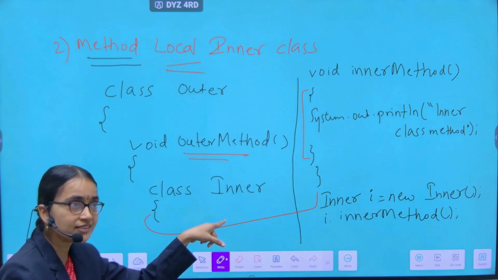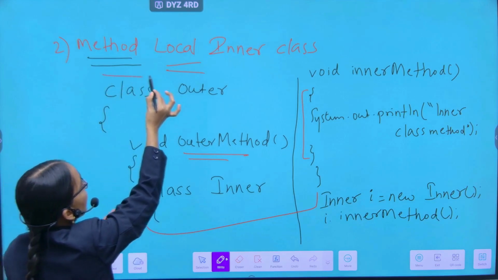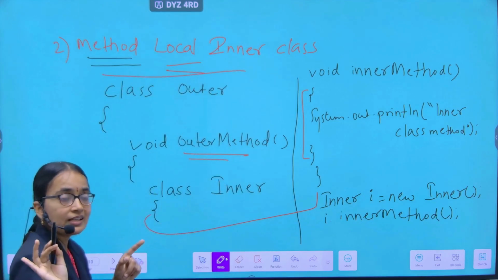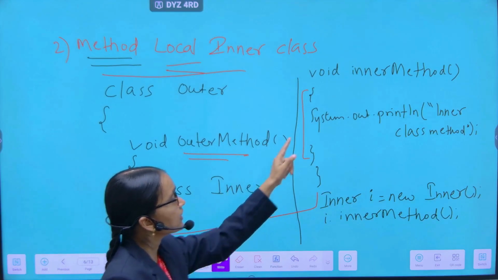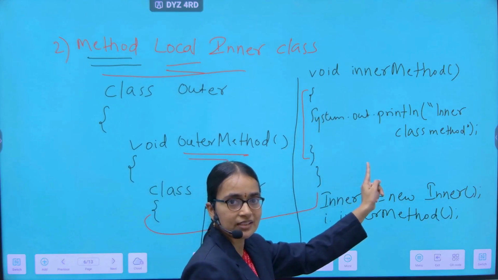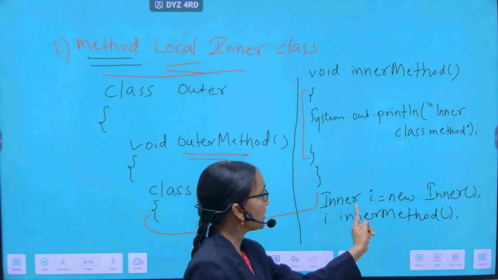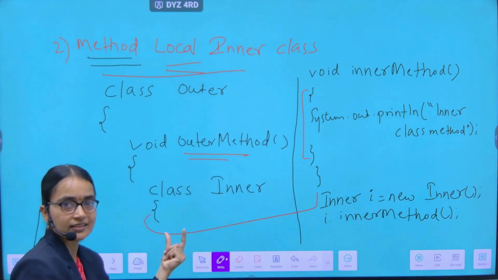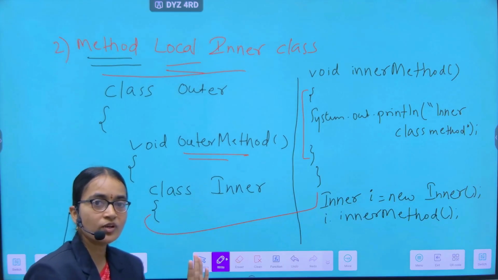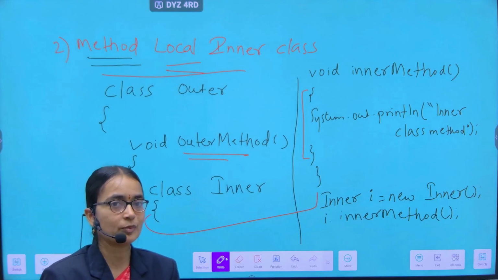Because of this reason, we state this as a method local inner class, right? So this inner class has its corresponding inner method. And now this inner class is instantiated inside the method, outside of the inner class, right? So the thumb rule is defined for all of the 4 implementations.